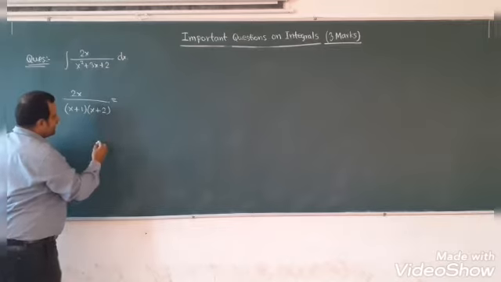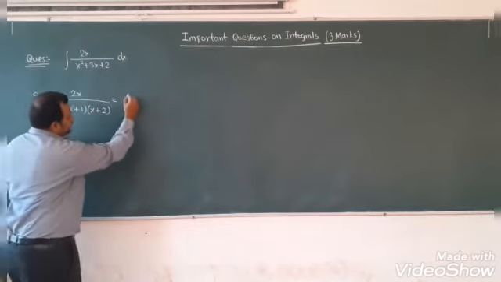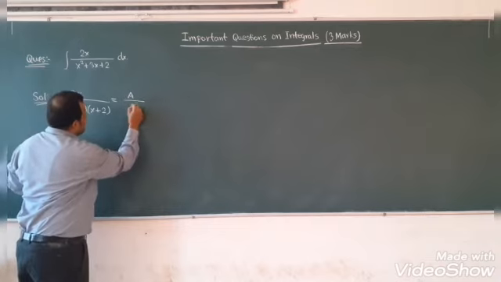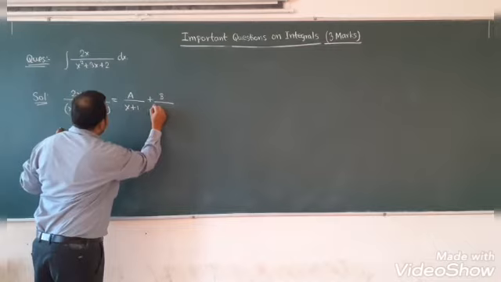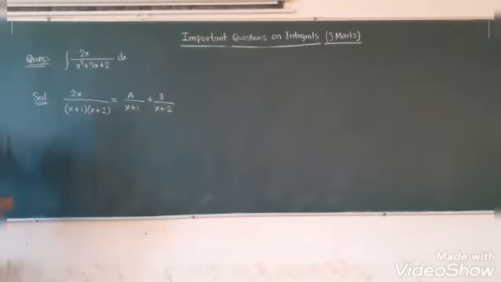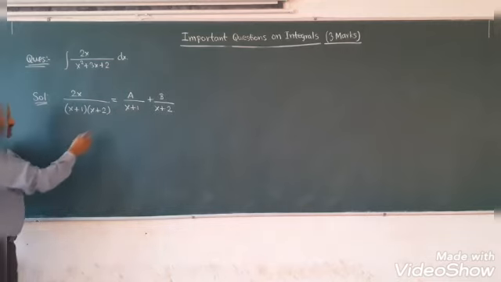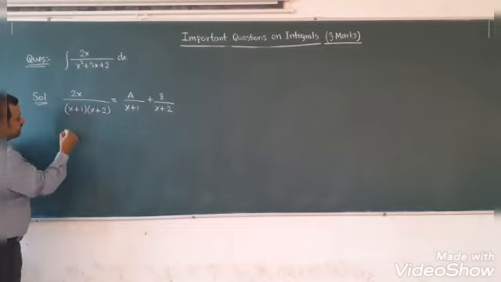So these are non-repeated linear factors. So we can write this as a by (x plus 1) plus b by (x plus 2). Now look here, take the LCM. After taking the LCM, the denominator will get cancelled.